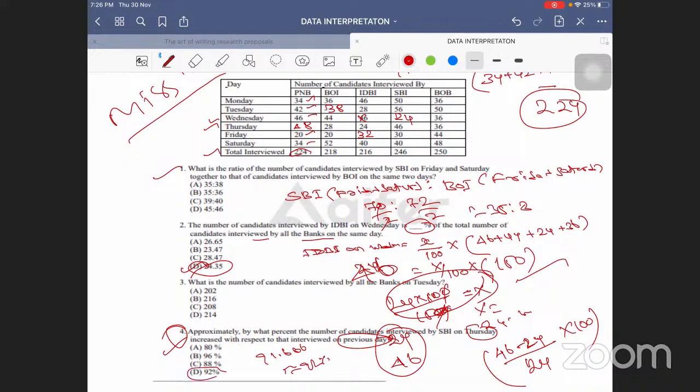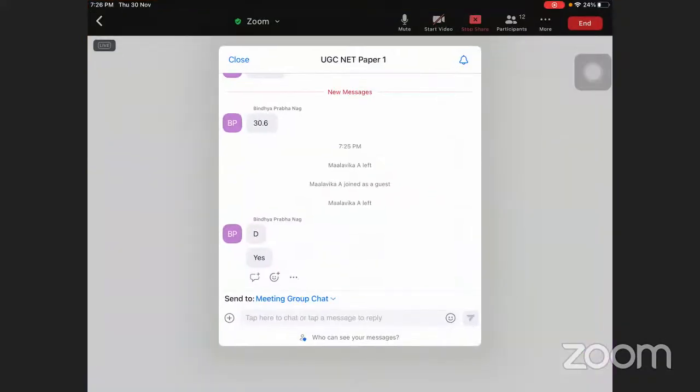So the answer is D. Is it correct? Yeah, okay.